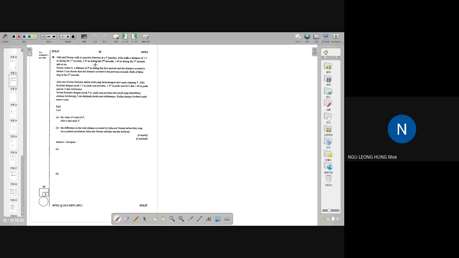Julia and Norma walk in opposite direction at the junction. Okay, at the junction, this is junction. So let's say Julia walk on this way, Norma this way. Okay, Julia walk at the distance of 1.5 meter during the first second, 1.47 second.